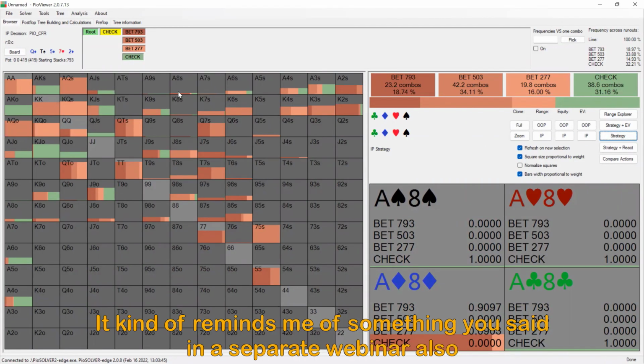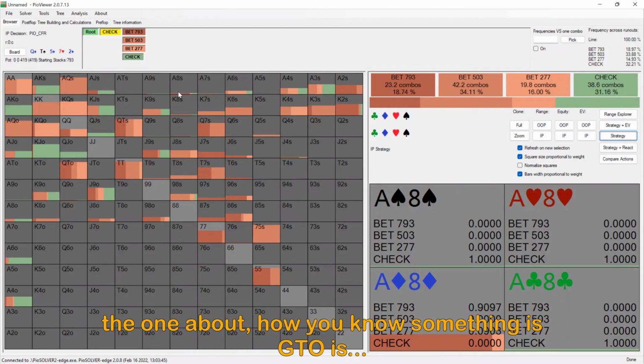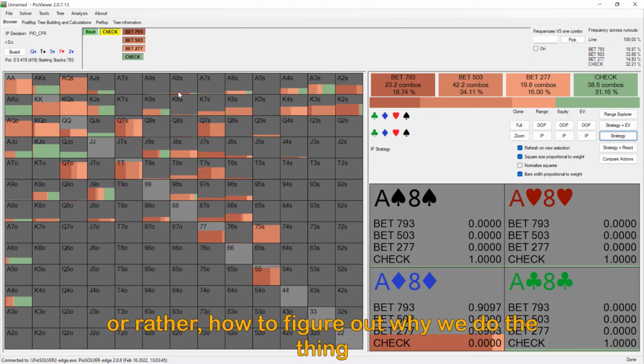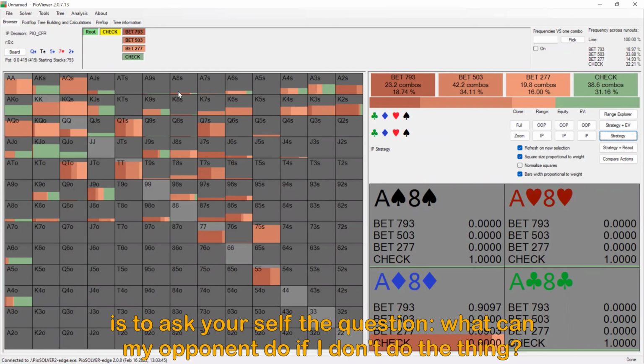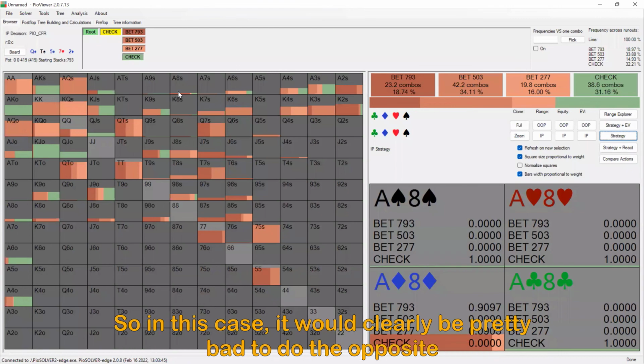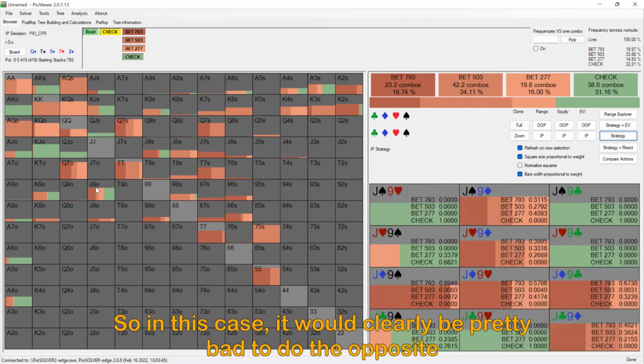It reminds me of something you said in a separate webinar, about how to figure out why we do the thing is to ask yourself, what can my opponent do if I don't do the thing? This case would clearly be pretty bad if we were to do the opposite.